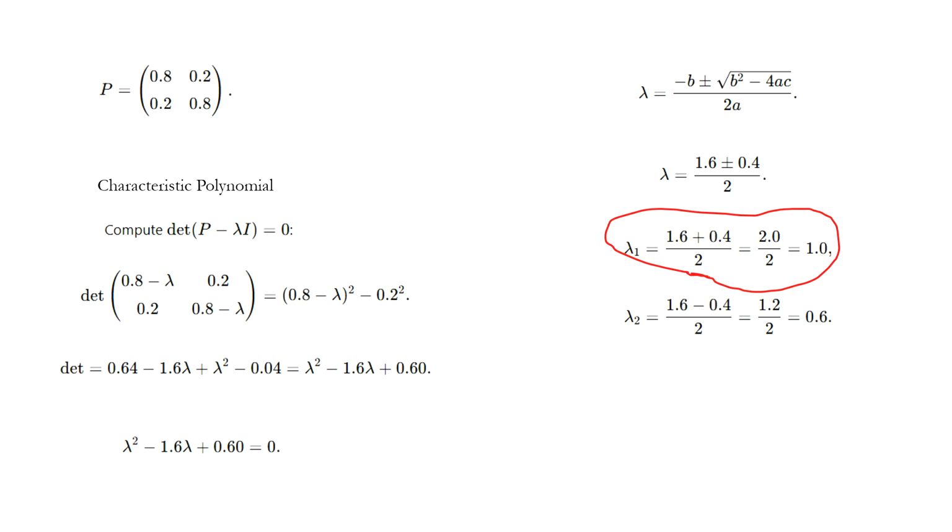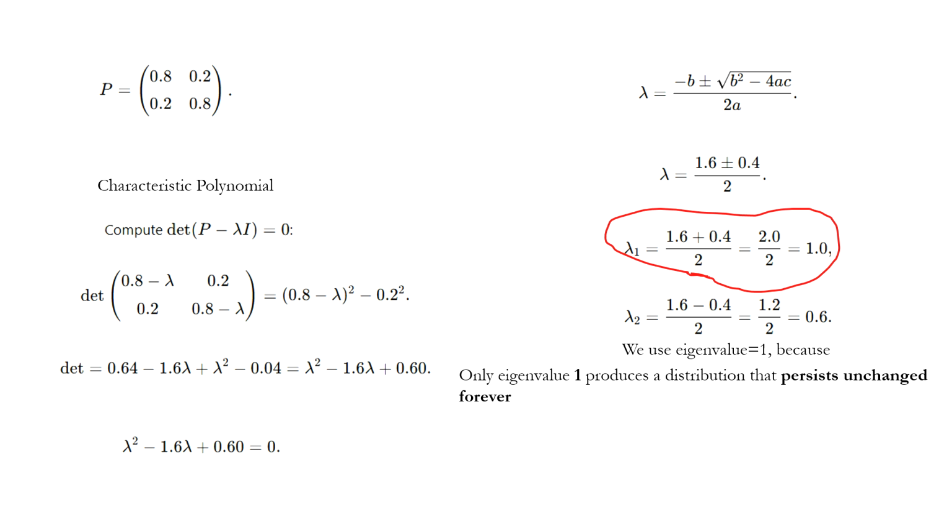From this, we only use lambda equal to 1, because only eigenvalue 1 produces a distribution that persists unchanged forever. Remember the stationary distribution, the idea is we want to find a long-run equilibrium, okay? So this is the distribution that remains unchanged.